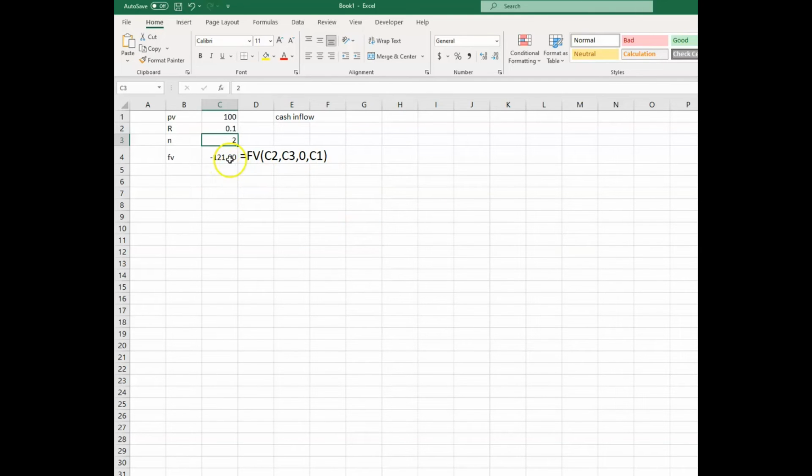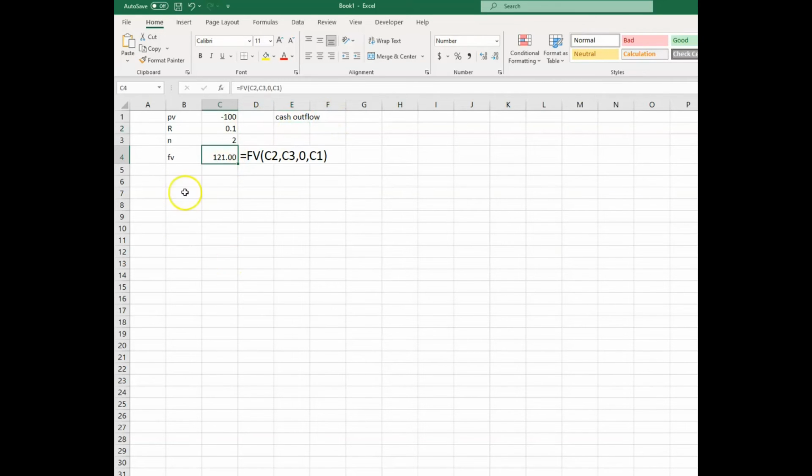This is a cash outflow. Suppose we enter negative 100, then we'll receive 121. So this is cash outflow first, then cash inflow.